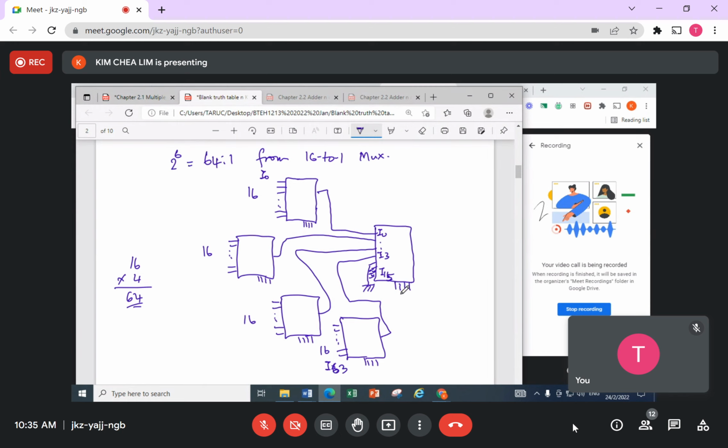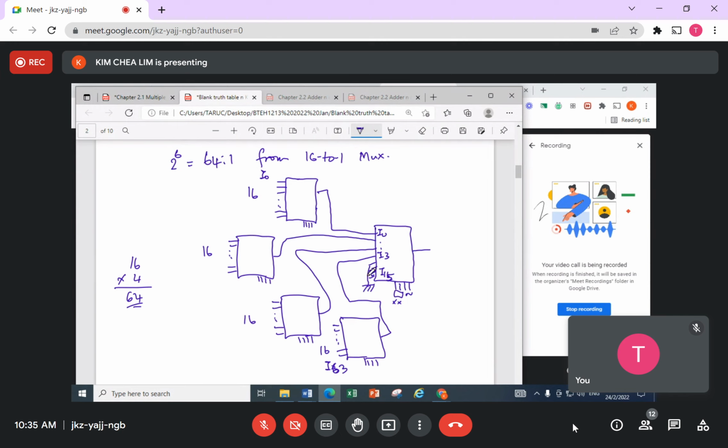So you find that these 2 pins, you can put in anything. Don't care. Either a 0 or 1. But these 2 pins are the ones that decide which one will be selected and become the output. Because by right, for 64 inputs, I require only 6 pins. But here, now I got extra pins already.